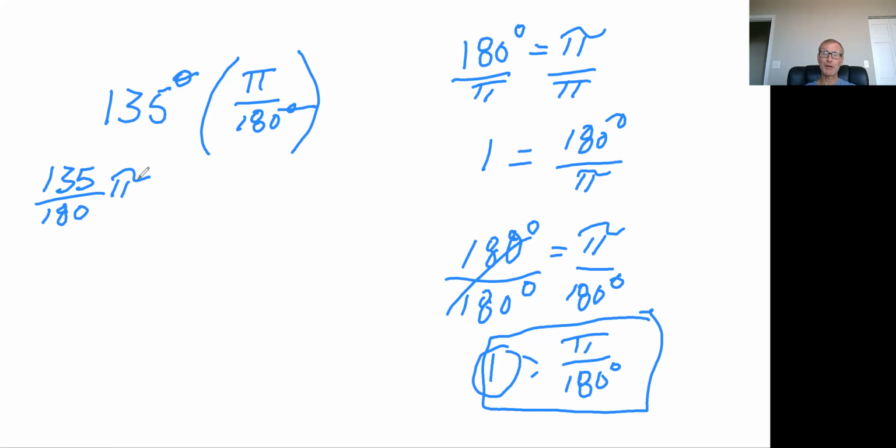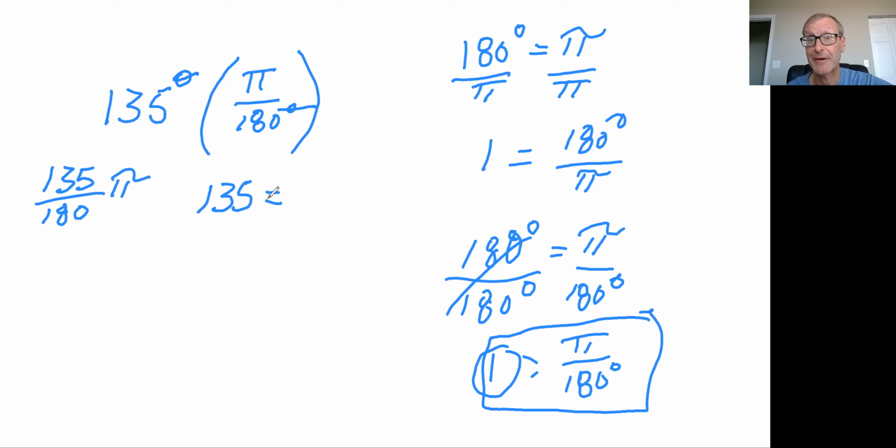So let me show you the strategy that I would use in taking this 135 over 180 and reducing it to the lowest common denominator fraction idea. So let's take a look at 135. What kind of factors will go into 135? Well, right away, you can see that the number ends in 5, right?